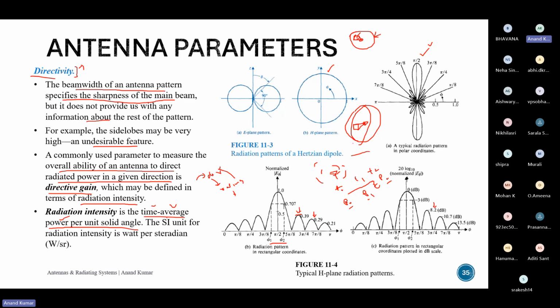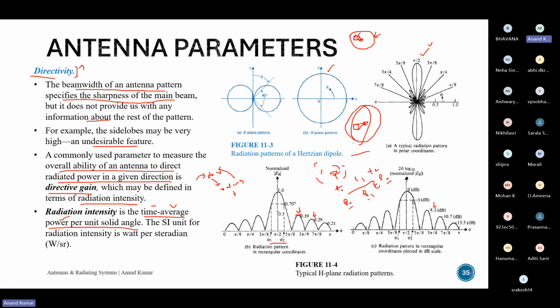So I'll put it like this. You have an antenna which is radiating, and if you consider a sphere around the antenna, some amount of power is incident on that sphere at all times. We will take an average of the power which is incident over time, so we get an average power incident throughout this sphere.